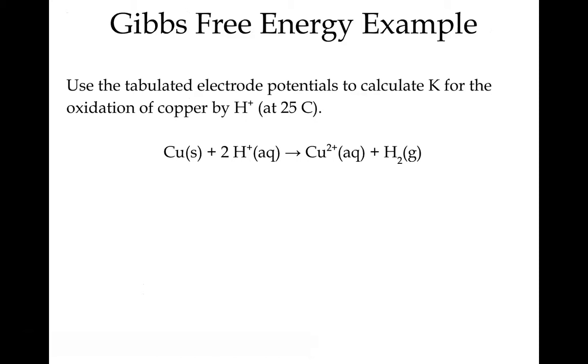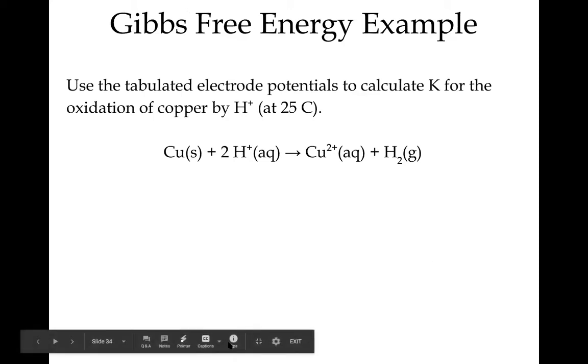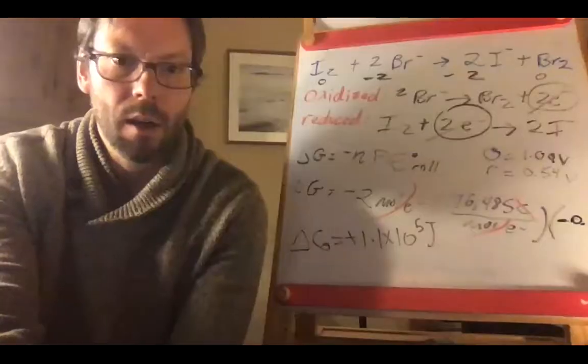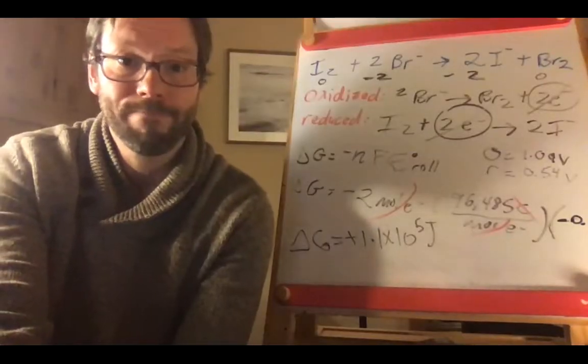Well, like we've been doing for everything, we have to find the oxidized half reaction and the reduced half reaction, and then from that, we can solve for K. All right, so pause it, give it a shot, and then we'll work on this together.